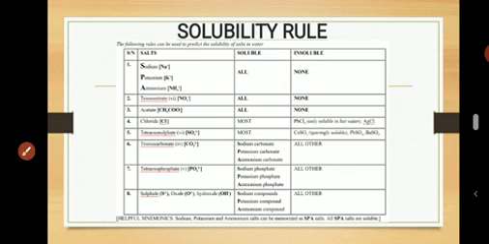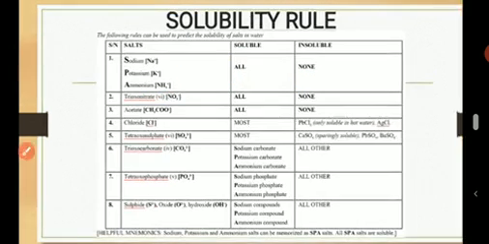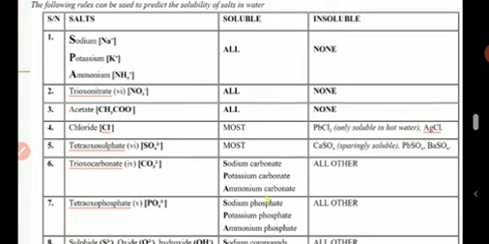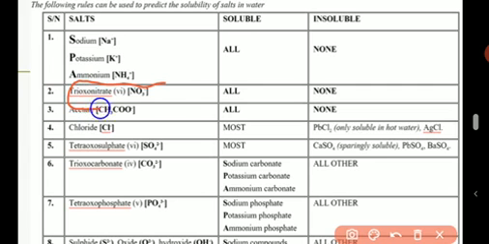Now, the second one is the trioxonitrate(V) salt. Please, that VI is supposed to be V. All salts that contain NO3 are soluble.